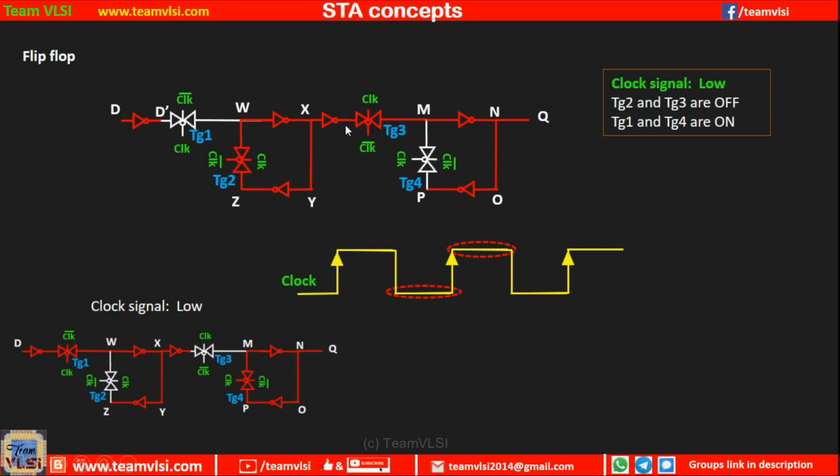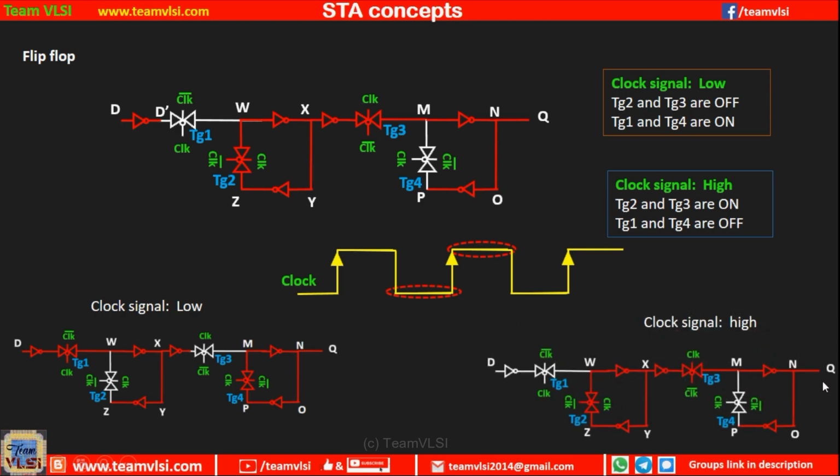So from here we can say that whatever D input was previously sampled at this point is going to transfer to the Q, and no more D input is being sampled in this period, right? So when the clock is high, our TG2 and TG3 are on, and TG1 and TG4 are off, right? And this path is activated now.